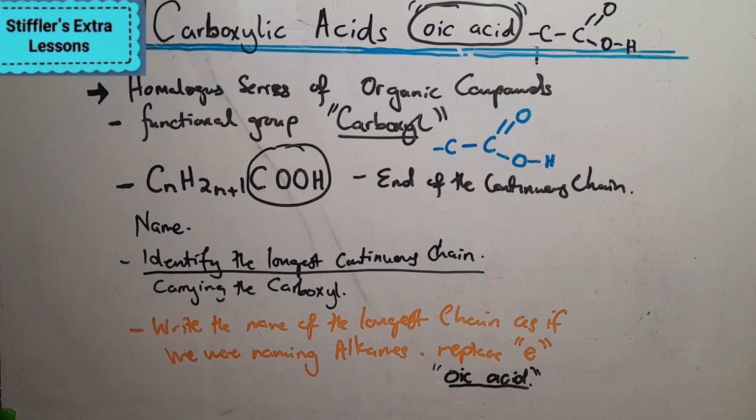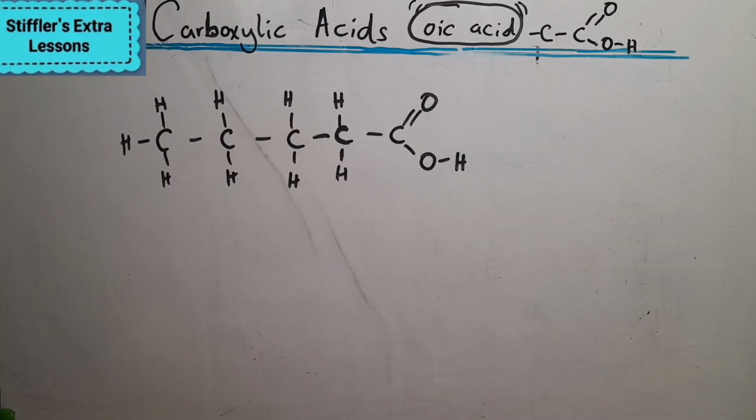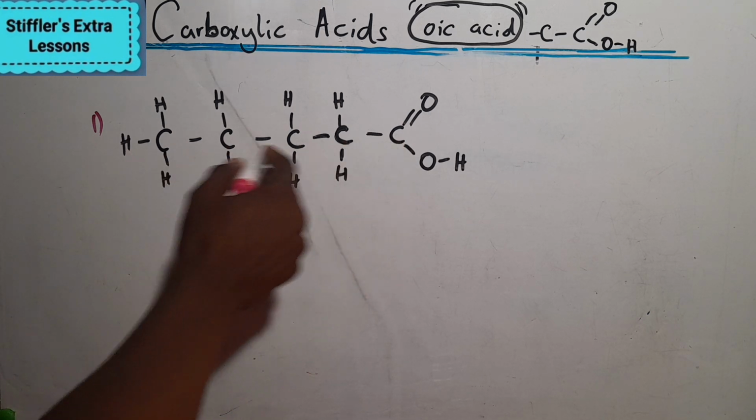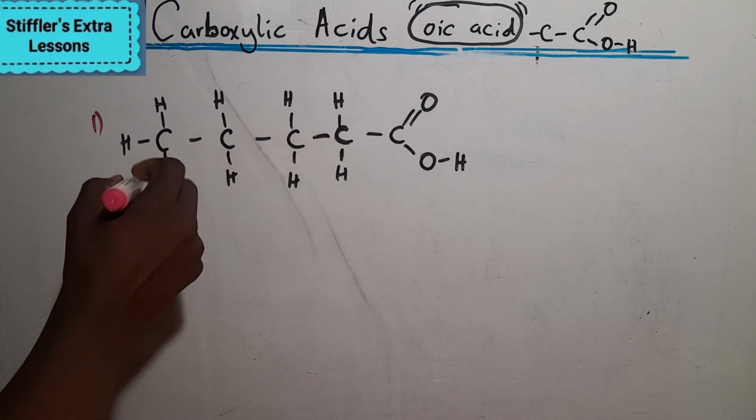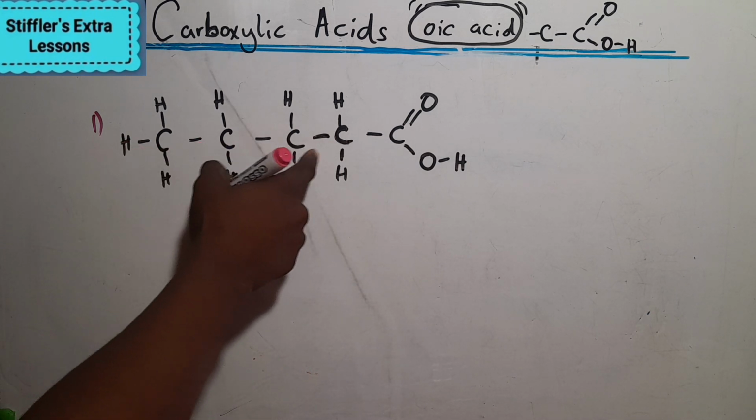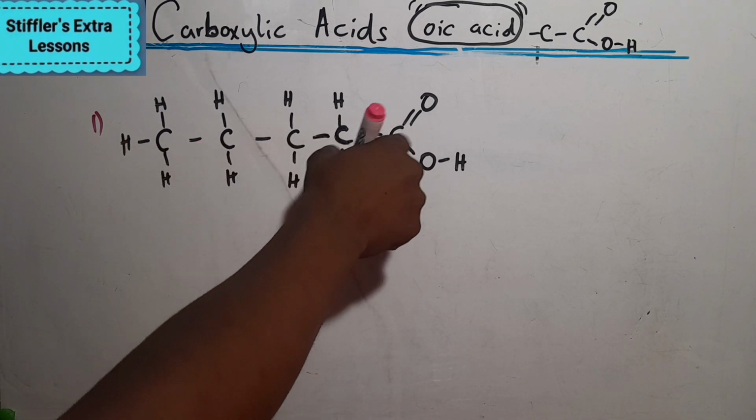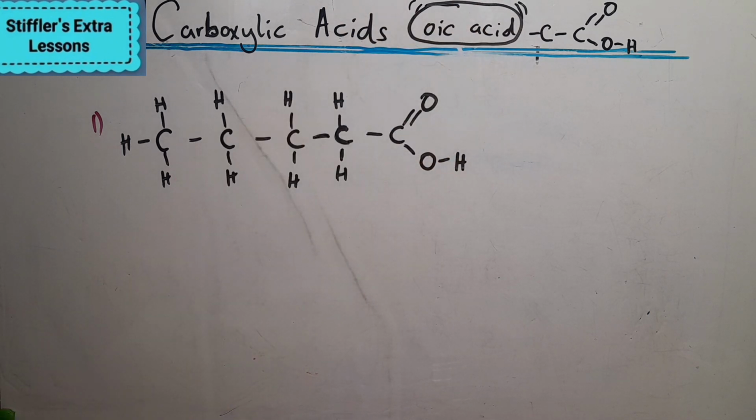So let's take a bit of examples and you see how you can name this carboxylic acid. So this is a carboxylic acid, right? So let's check. We identified the longest continuous chain. So this chain is having 1, 2, 3, 4, 5, including this that is carrying the carboxyl, right? So 5 carbons.